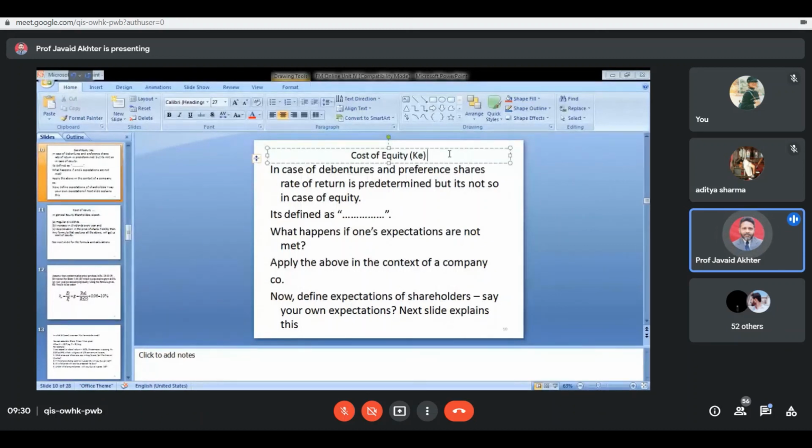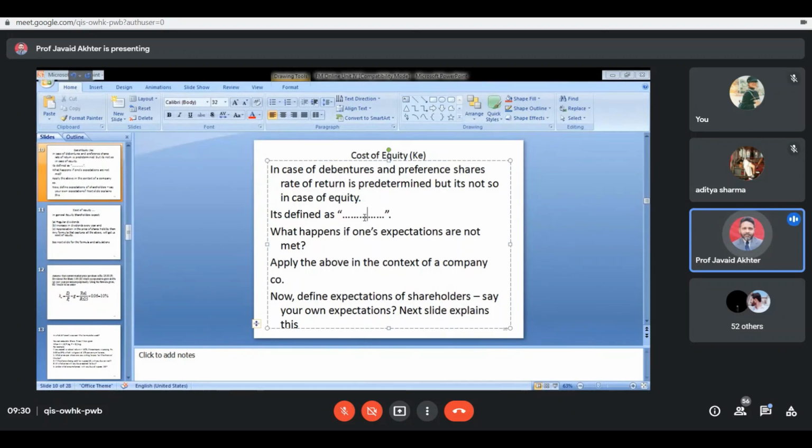So equity is related to the second category. In case of a debenture and preference shares, the rate of return is predetermined. For the shareholder it is a return, for the company it is a cost, and it is predetermined, but it is not so in case of equity.